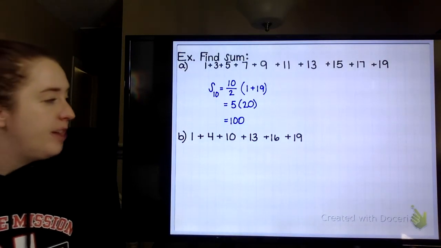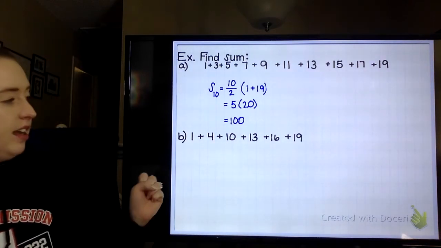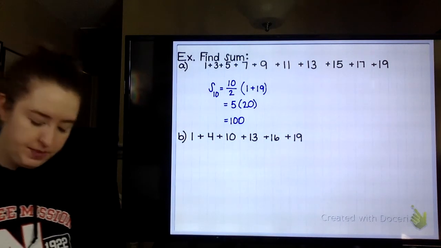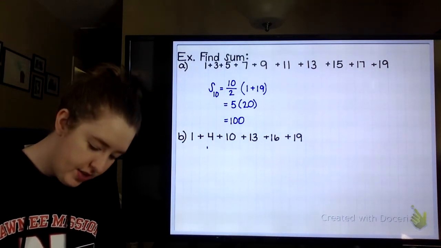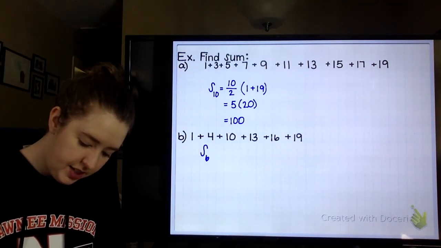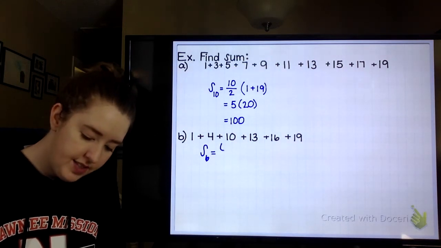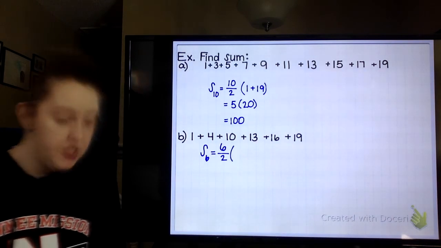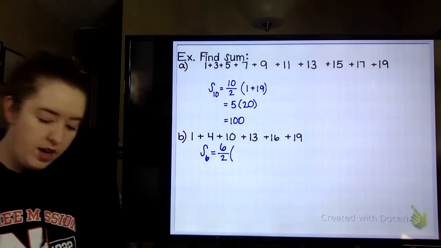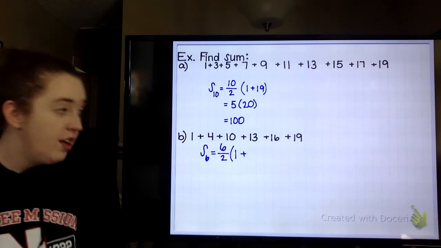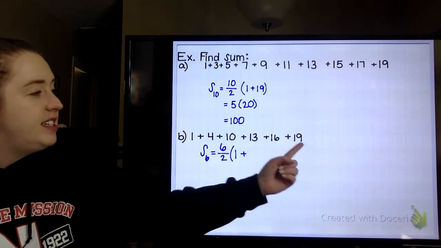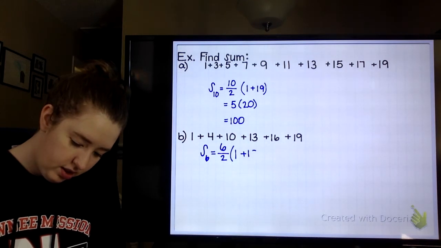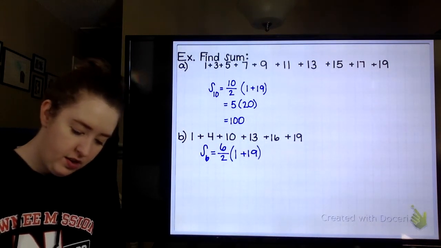1 plus 4 plus 10 plus 13 plus 16 plus 19. Let's see, that's 1, 2, 3, 4, 5, 6 terms. So I want the sum of the 6 terms. Since I have 6 terms, that goes over 2 times my first term, 1, plus my last term, 19.